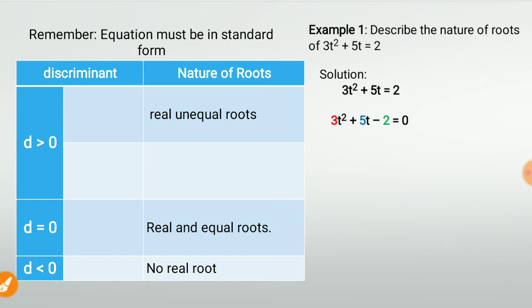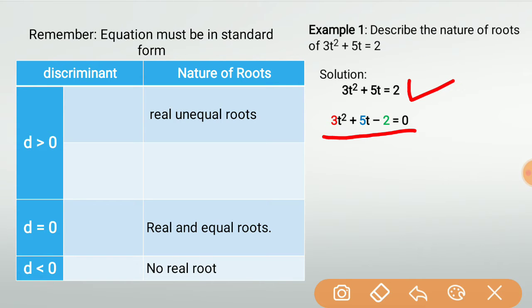So this equation can be written in proper standard form like this. Here we had plus 2 on the right hand side, which we can bring to the left hand side, and this positive 2 will become minus 2. So your new equation will look like this: 3t square plus 5t minus 2 is equal to 0.